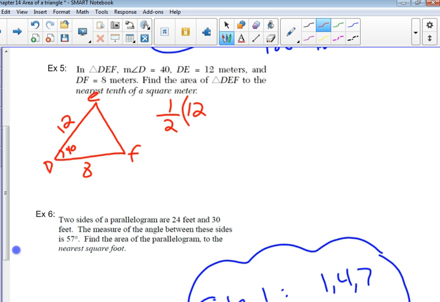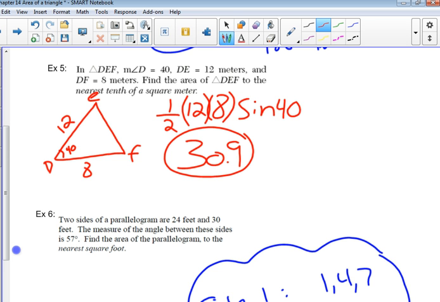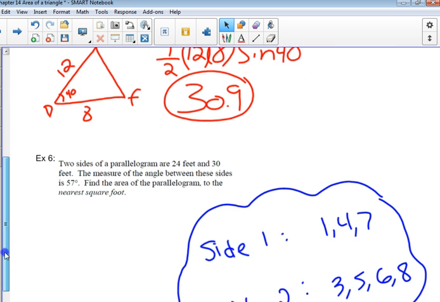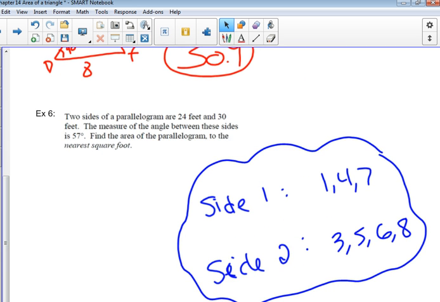It's fine, but you just have more of a space, especially with rounding things. Perfect. Good job. How did you get 30.9? Most of you guys got 30.9? Yeah. Good. Alright, sorry, I don't think we'll have time to get to this next one.